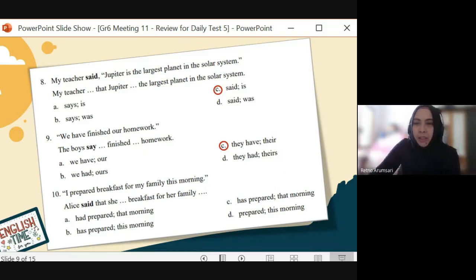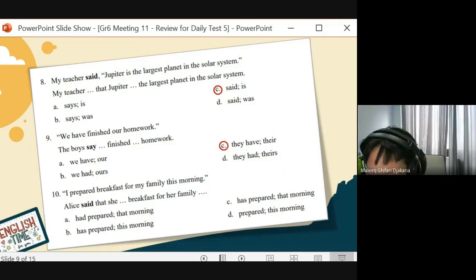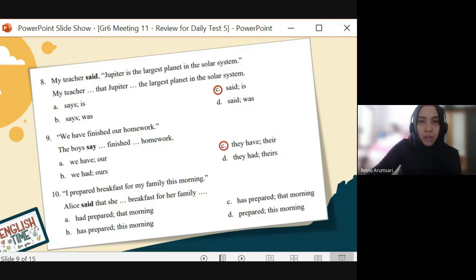Number 10, Malik. I prepared breakfast for my family this morning. Alice said that she has prepared breakfast for her family that morning. Okay, when you are reporting sentences in the past, you never use has or have, yeah?